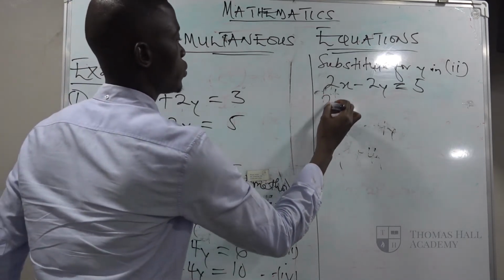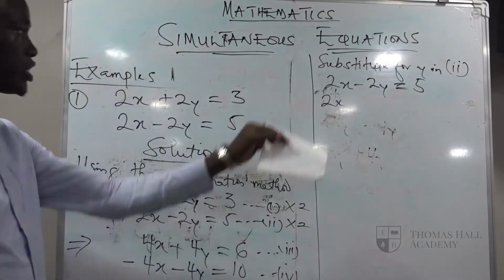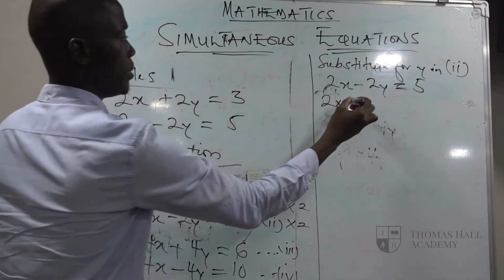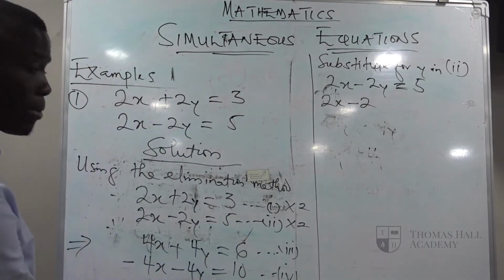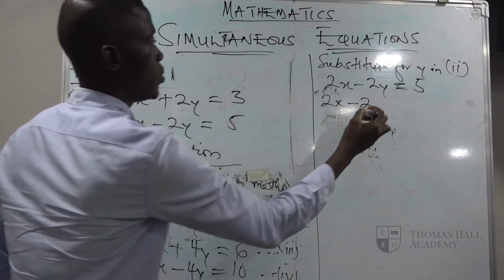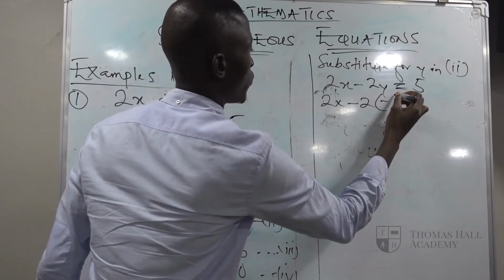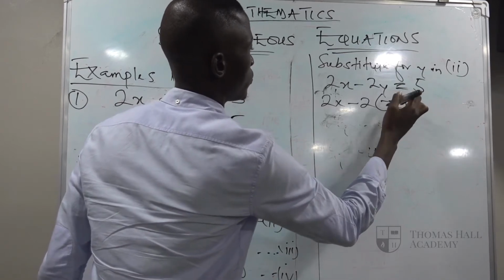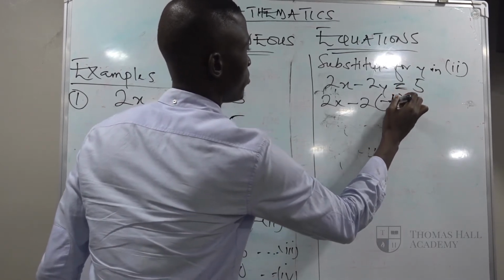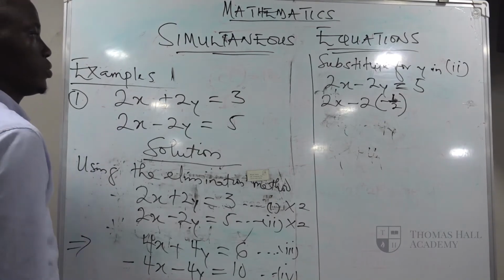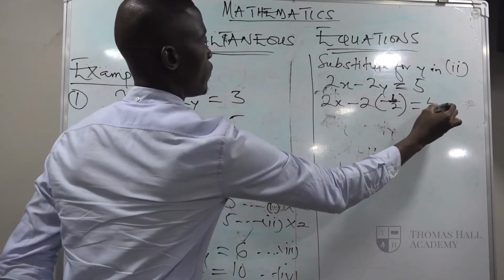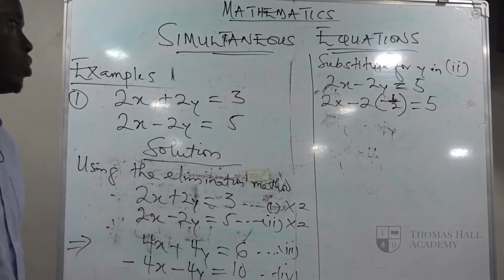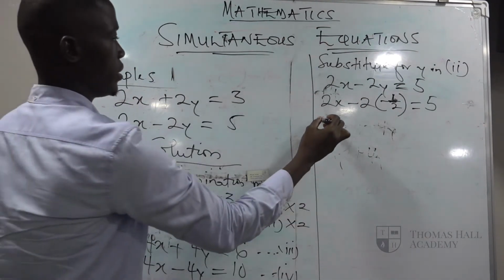Now we put the value of y into this equation. 2x minus 2, our y now is minus 1 all over 2, equals to 5.